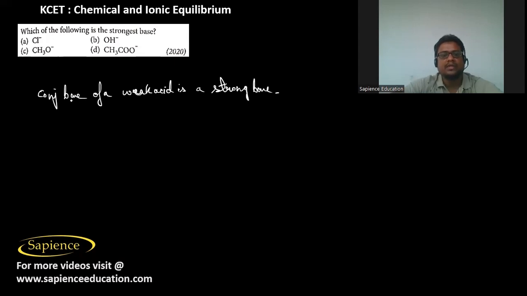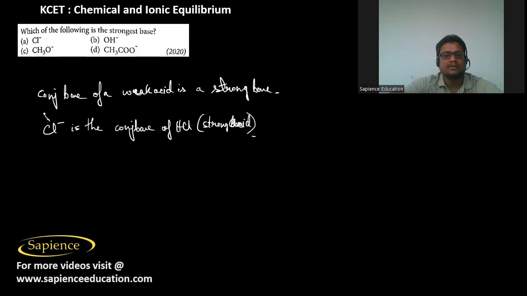Similarly, the conjugate acid of a weak base is a strong acid. So Cl minus is the conjugate base of HCl, which is a strong acid. So Cl minus is a weak base. It is not a strong base.